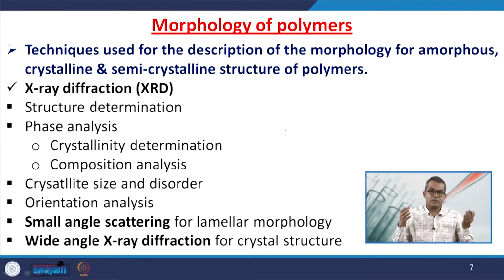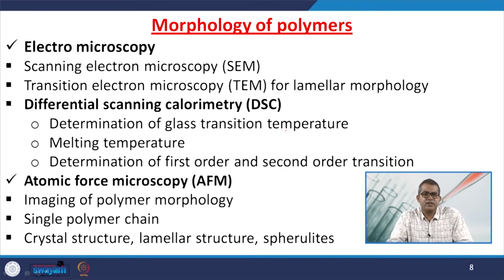It usually involves structure determination, phase analysis, crystallinity determination, composition analysis, crystallite size and disorder, and what kind of disorder, etc. Because we had a discussion about the dextro or levo type of isomerization, etc. Then orientation analysis. There is small angle scattering for lamellar type of morphology, and wide angle XRD for the crystal structure, etc.